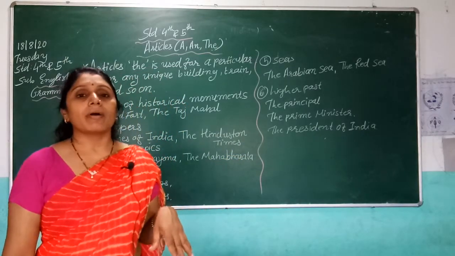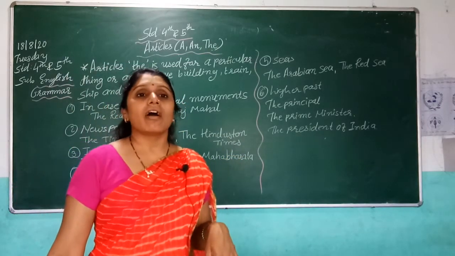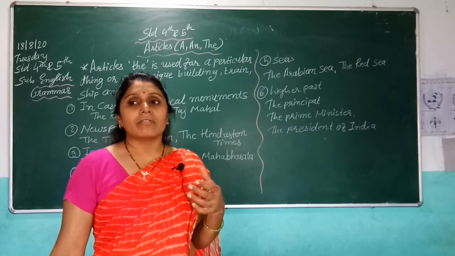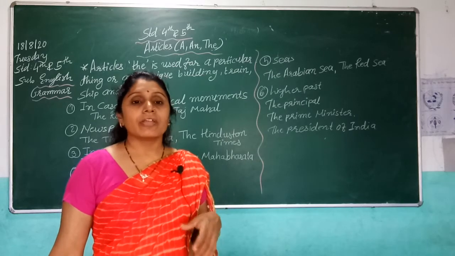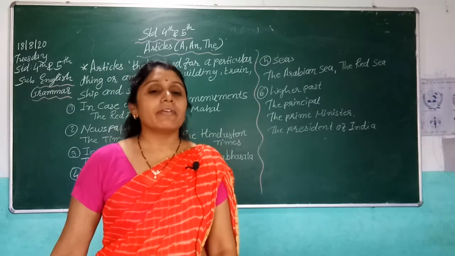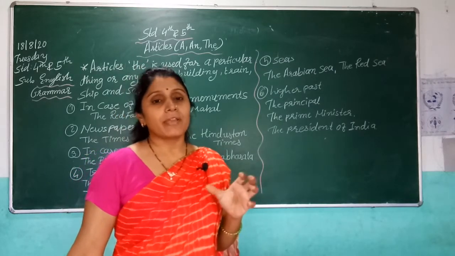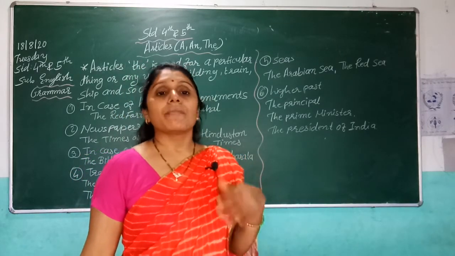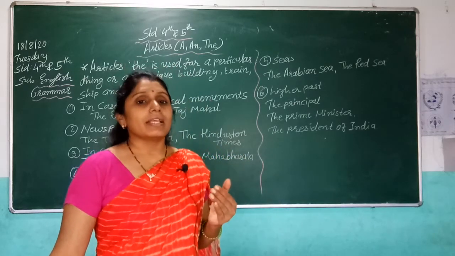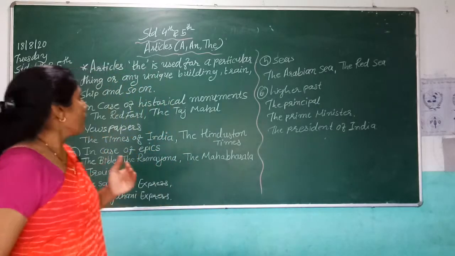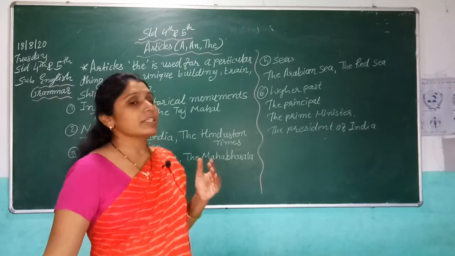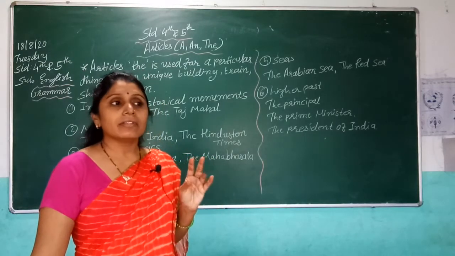We have some continents, just like the Asia, the America, the Antarctica, the Australia. So if it is one of a kind, then we can use the article before it. So in this lesson, we complete our articles, a, an and the.